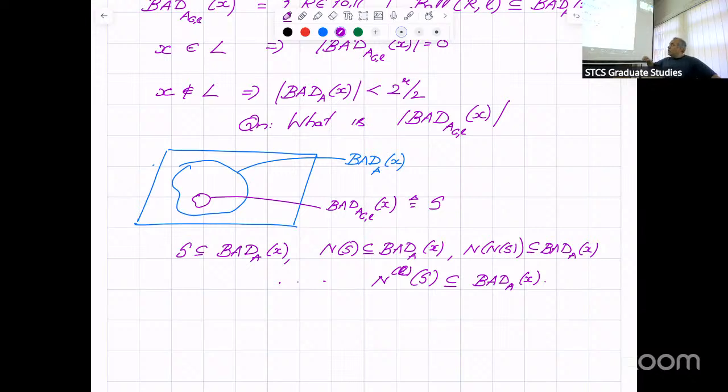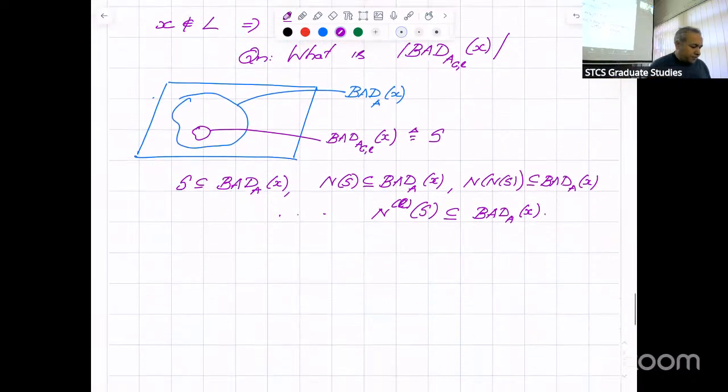But you know that each time you go from here to here, the size of S is increasing by a factor kappa. From here to here, the size is increasing by kappa squared, another kappa. Notice it will increase only if the original set was smaller than half, which it is. So you started from a set S, and each of them is in bad AX, so each increases by a factor kappa.